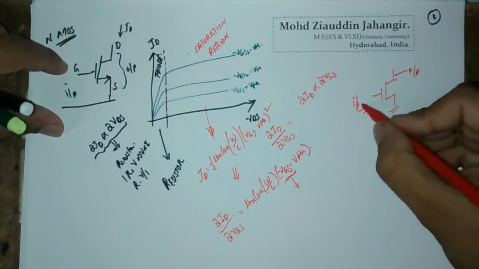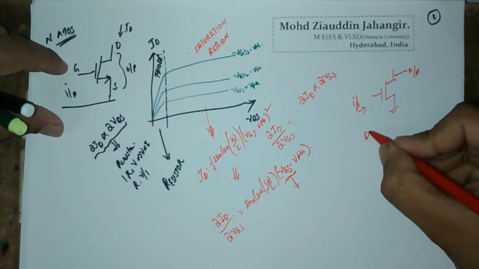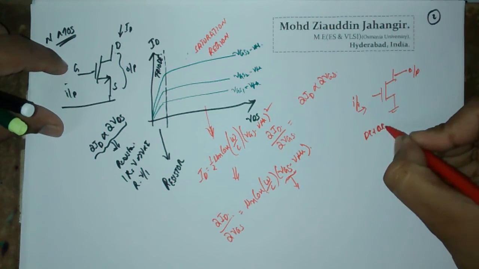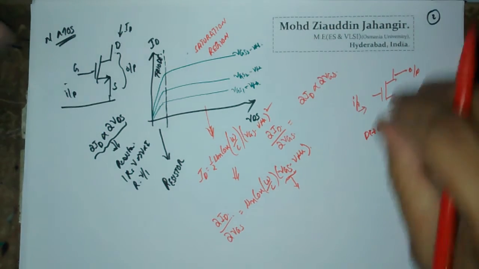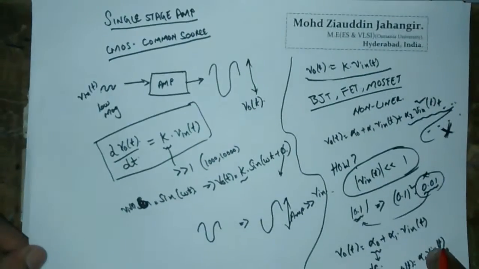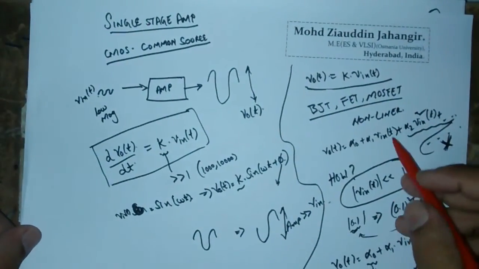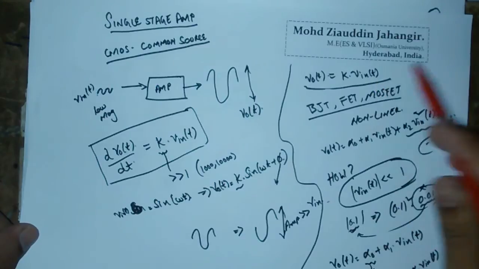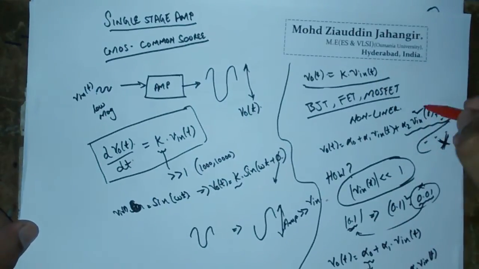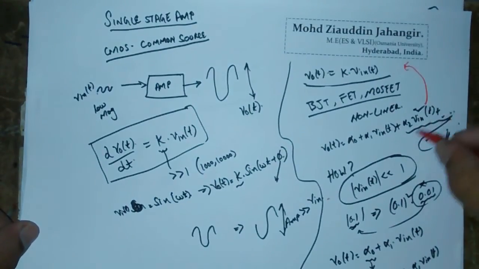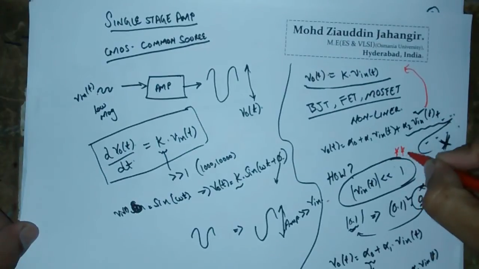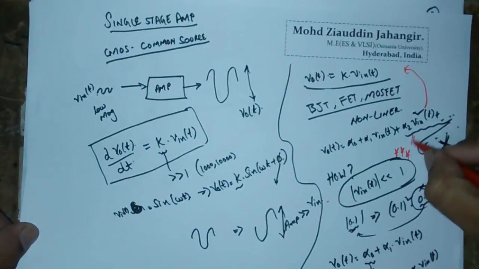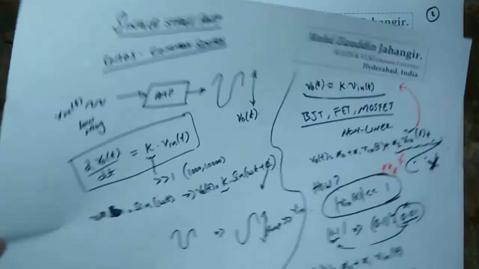This input is going to be a combination of a DC plus an AC voltage. As we assumed on the previous page, to approximate this nonlinear behavior by a linear behavior, the assumption we have to make is that Vin of t is very much less than.